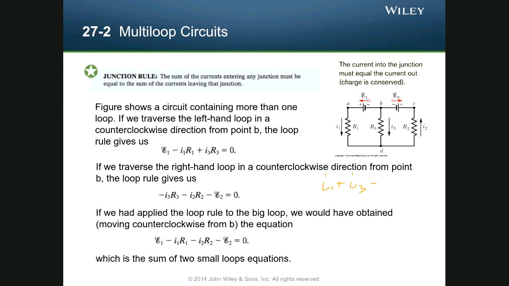That's got to equal I2, right? And this is kind of trivially the same thing up here at B, because you have out, in, out. You have I2 coming in equals I3 plus I1. So this gives you a 4th equation.